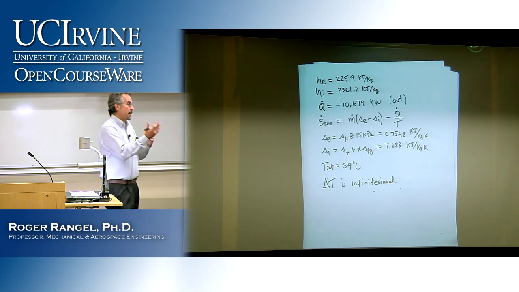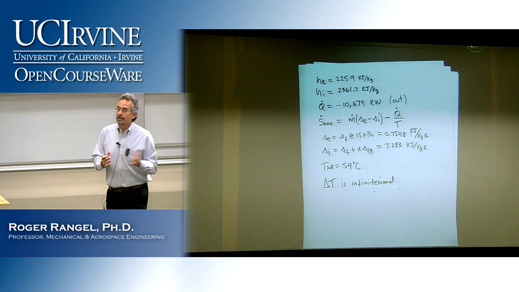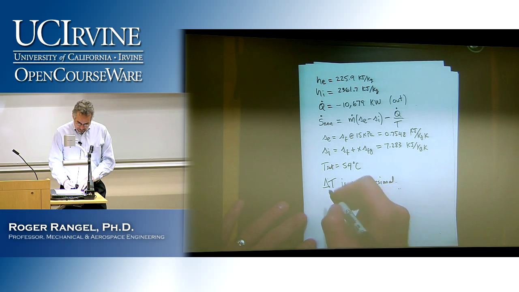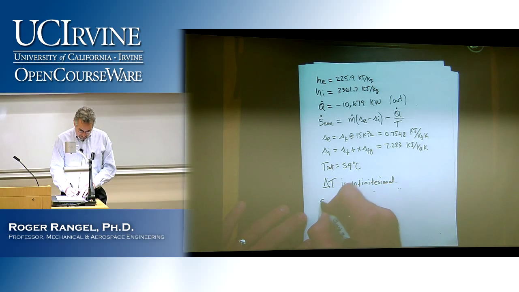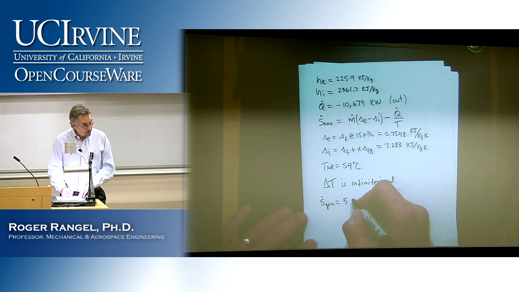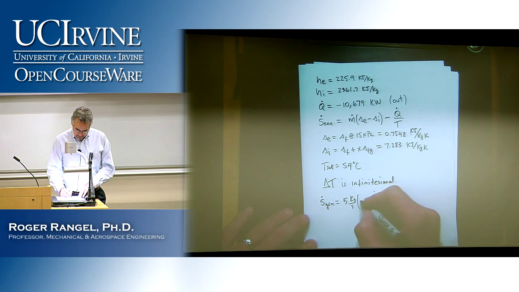If you make the assumption that the delta T is only infinitesimal, then of course that means it's only infinitesimally smaller than 54 Celsius. You can use the 54 Celsius. Remember that you have to convert it to Kelvin. So in that equation, I have the 5 kilograms per second mass flow rate, times s_e and s_i, which we just got here, minus 7.283.